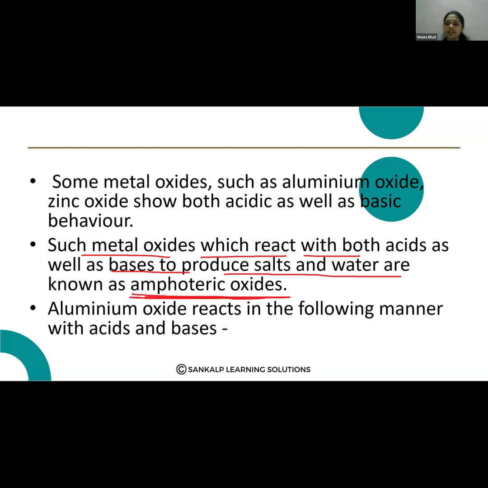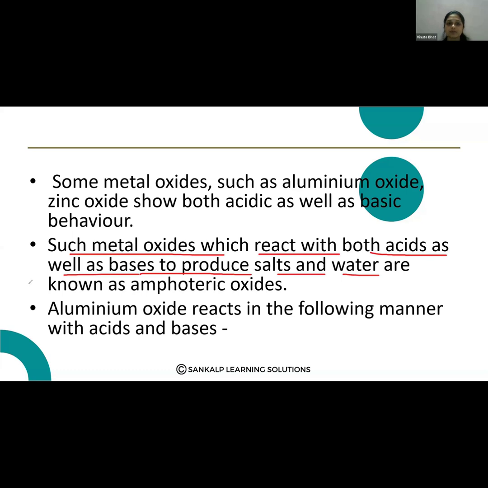I hope you have studied about the amphoteric oxides. Aluminium oxide reacts in the following manner with the acids and bases. Amphoteric oxides means the metal oxides which react with both acids as well as bases to produce a salt and water.